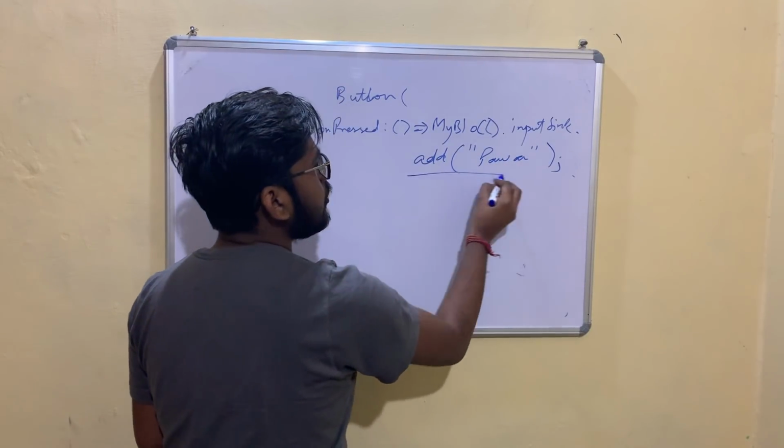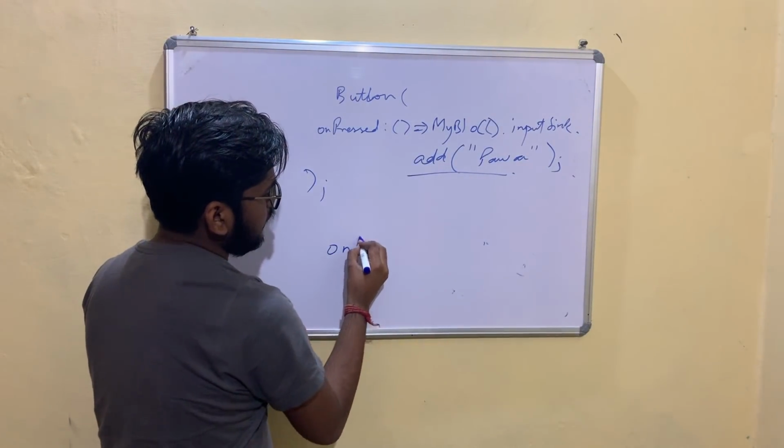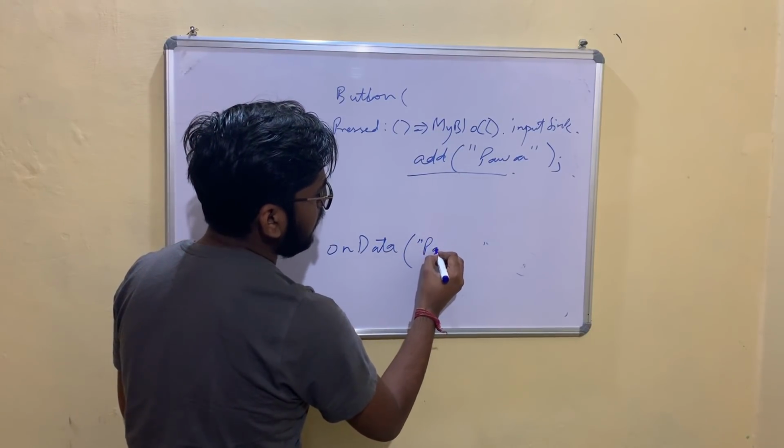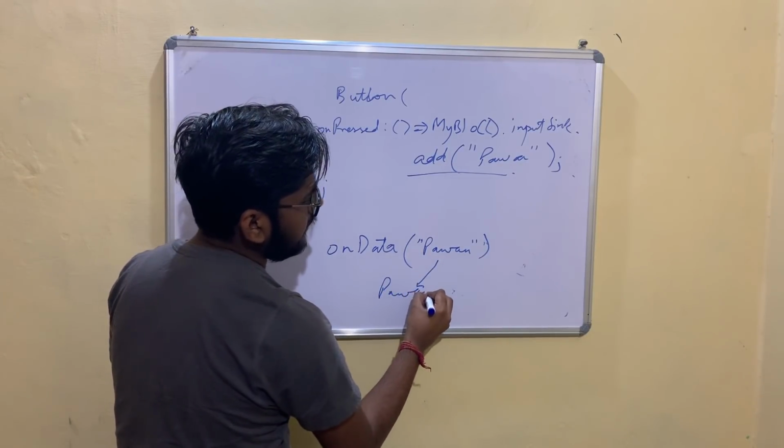So as soon as I do this, it will go to my BLoC, and then it will call that onData method, and here I will receive this Pawan, and then I am appending Pawan hello and sending back.